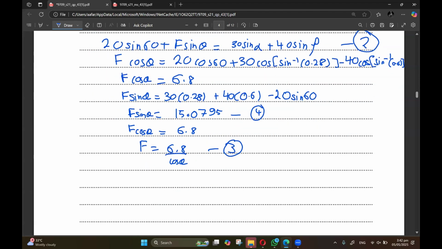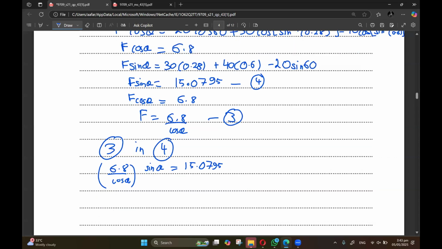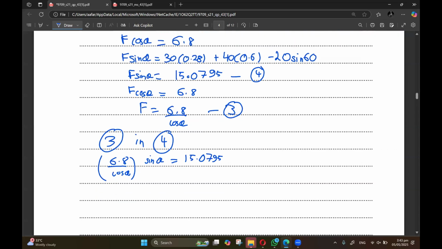So now 3 and 4 will give us 6.8 over cos theta times sine theta equal to 15.0795. That means tan theta will be equal to 15.0795 over 6.8.